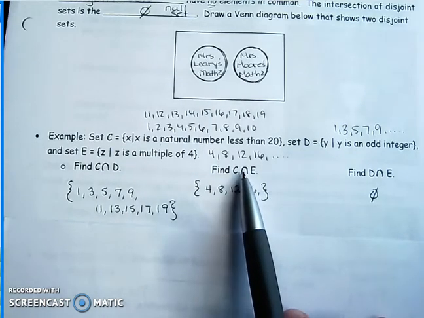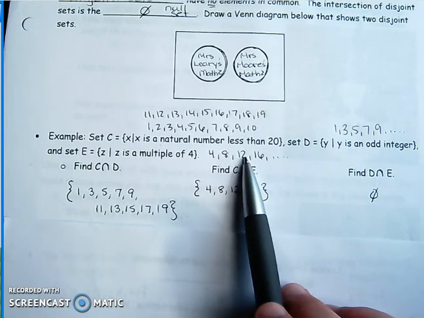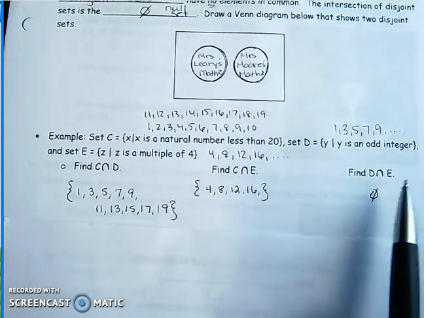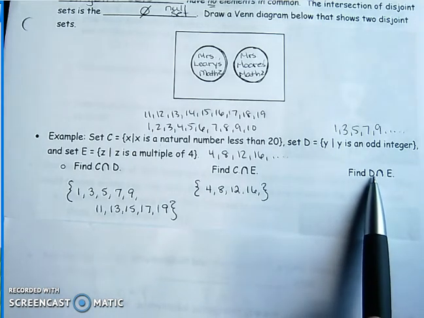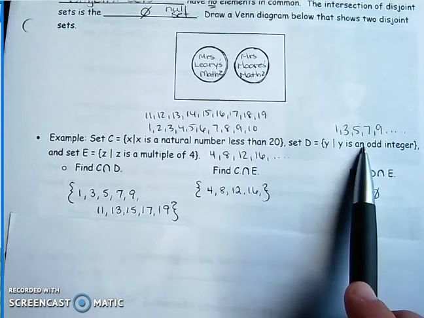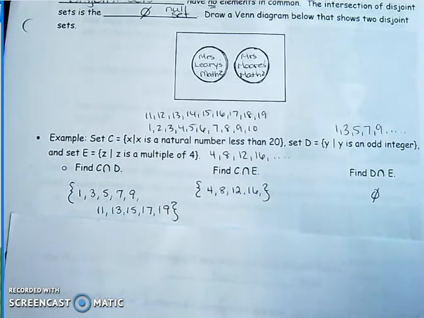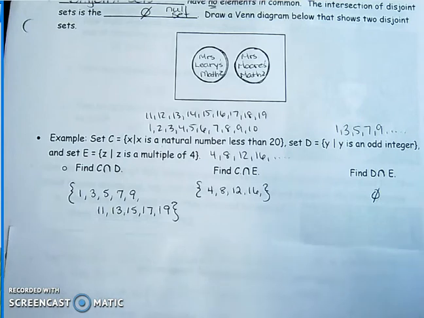In the middle one, we want C and E, so we want all the multiples of 4 that are less than 20. So that's 4, 8, 12, and 16. And then the last one, we want the intersection of D and E. So we want odd integers that are also multiples of 4, which doesn't exist because 4 is an even number. So we put the empty set.